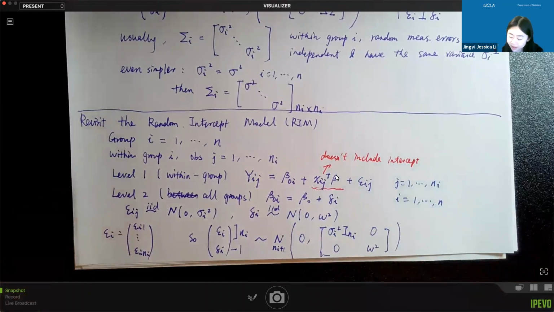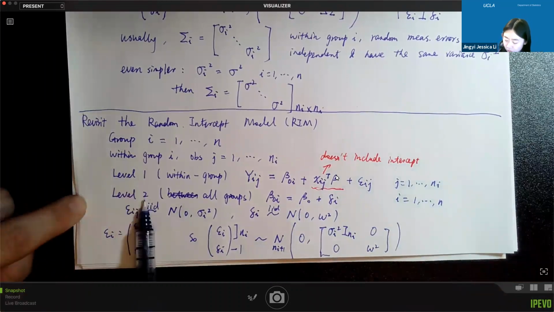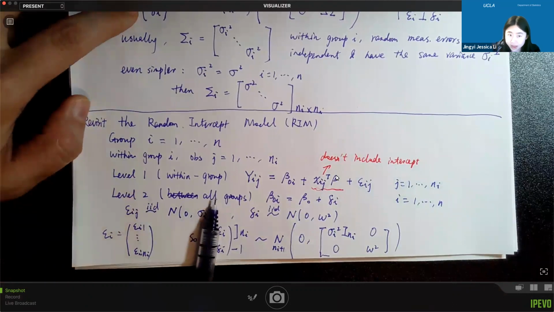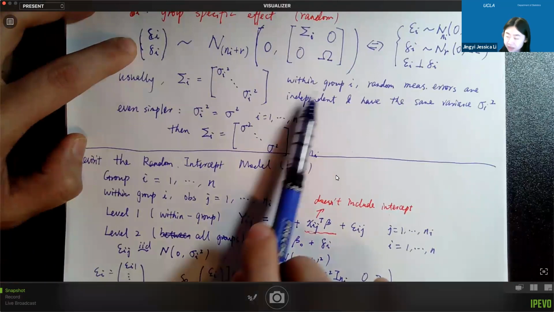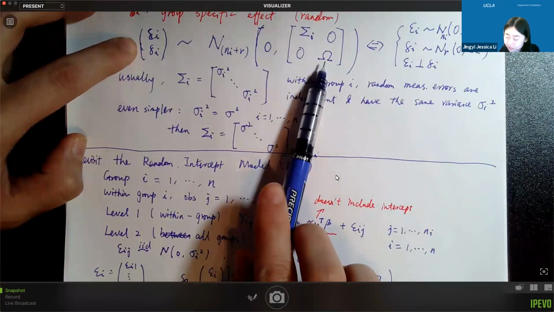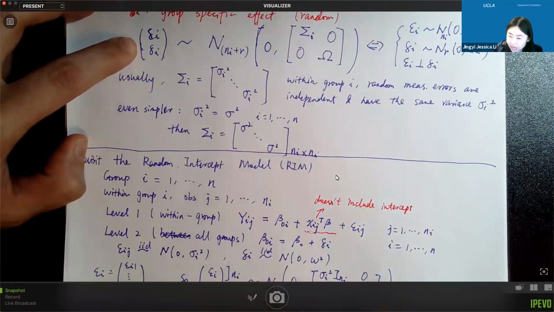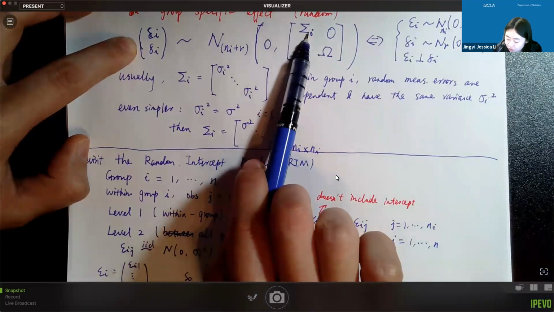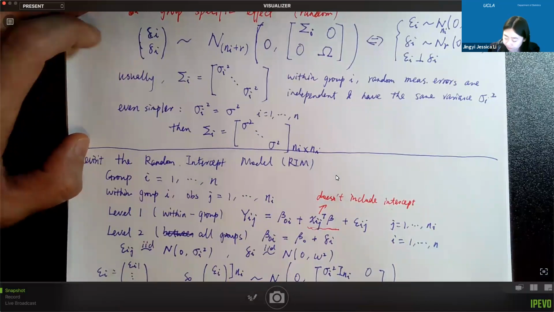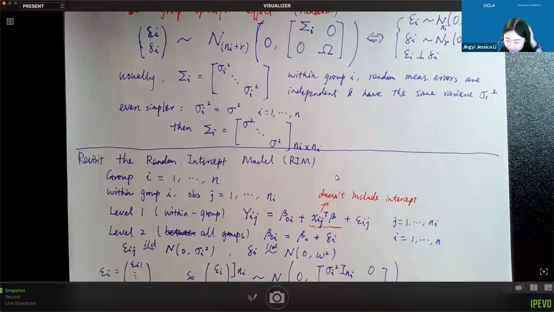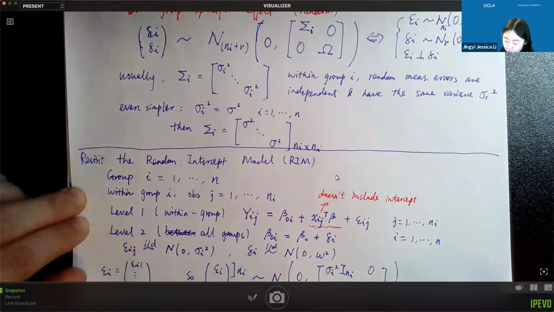So you see how I can connect this two-level model with the matrix notation we have above. You see their connection. Here, the omega is simply a 1 by 1, that's this lowercase omega squared. And this big sigma i is just a diagonal matrix with sigma i squared on the diagonal. Okay, and given this, you see that I can combine this level 1 and level 2 into one model.